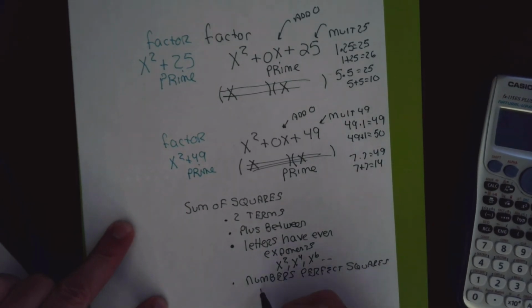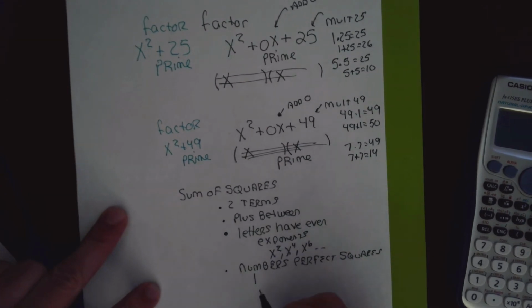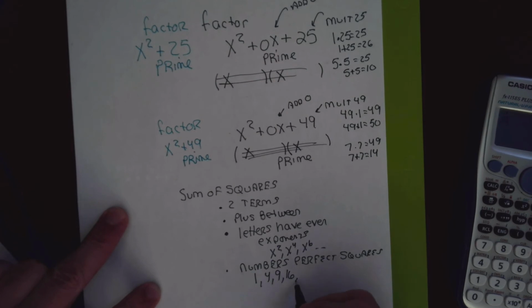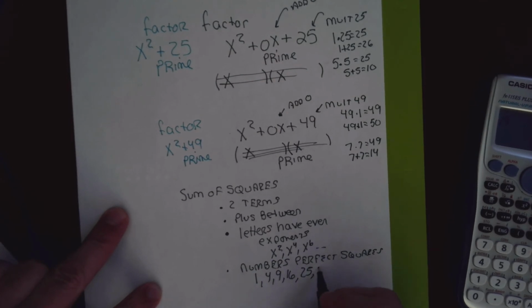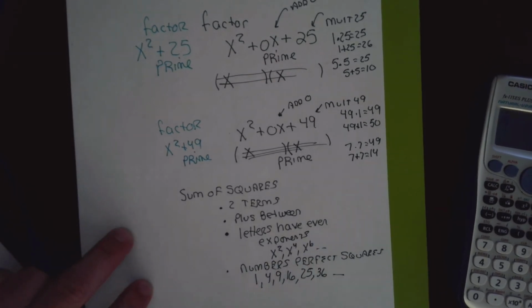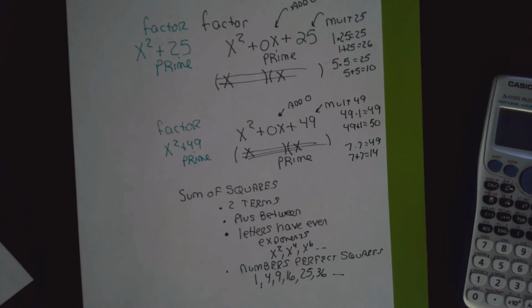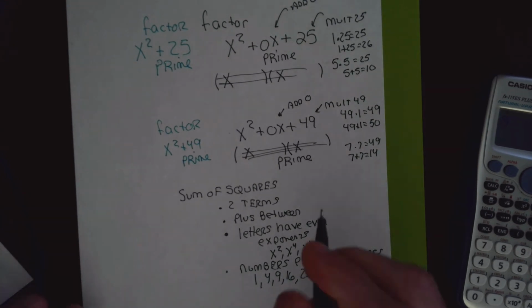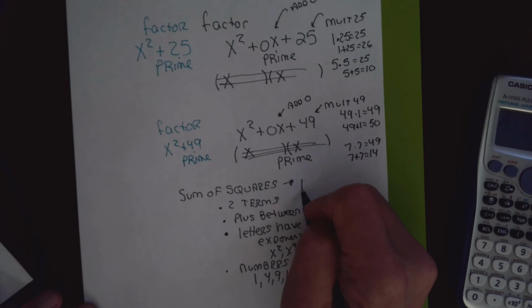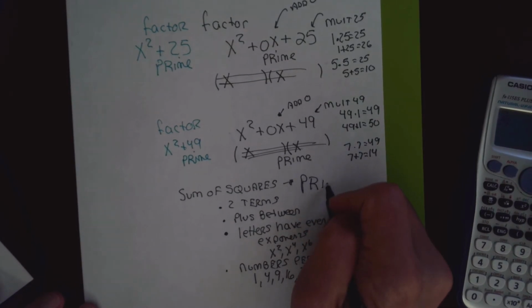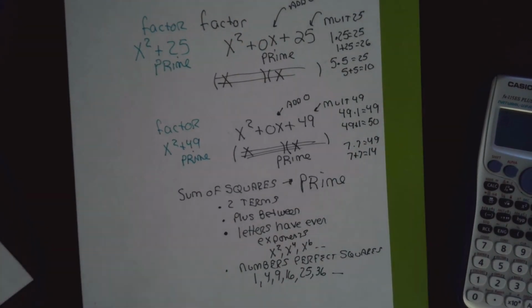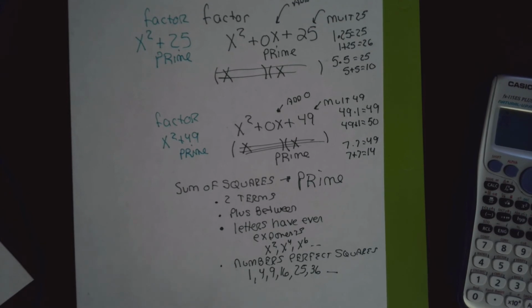The kinds of numbers I'd see: 1 squared is 1, 2 squared is 4, 3 squared is 9, 4 squared is 16, 5 squared is 25, 6 squared is 36, and so forth. Sums of squares are actually easier to factor than differences of squares because all sums of squares are prime.